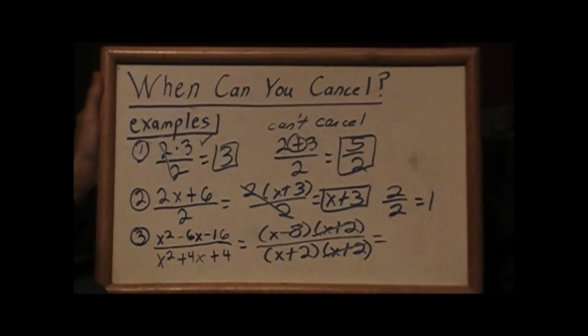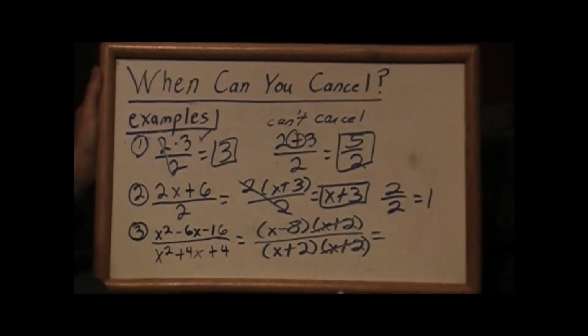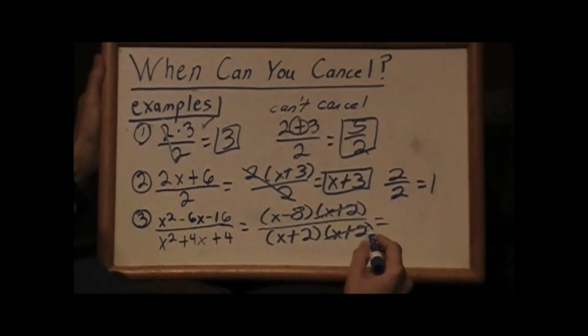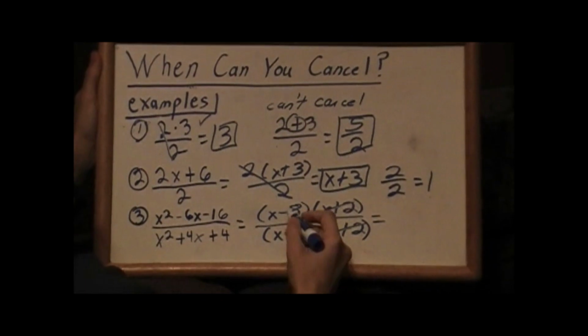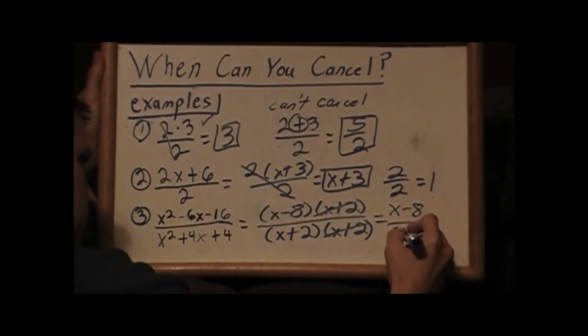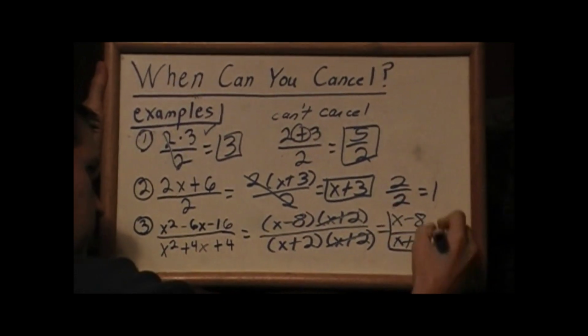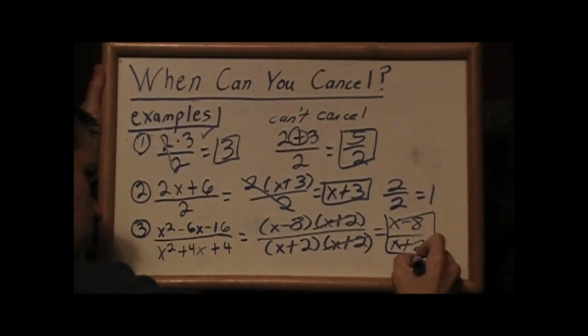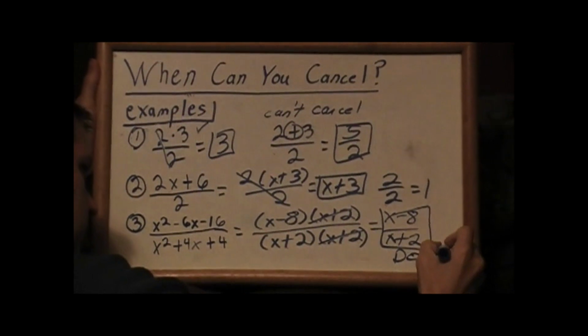When factors are the same, we cross out to get 1. Write down what's left and then you're done. That's when I can cancel. Yes, that's when I can cancel.